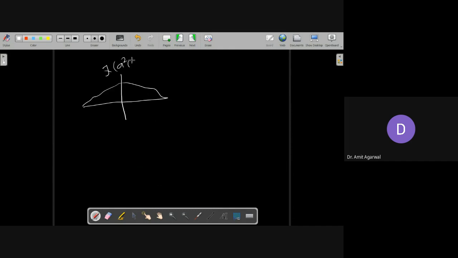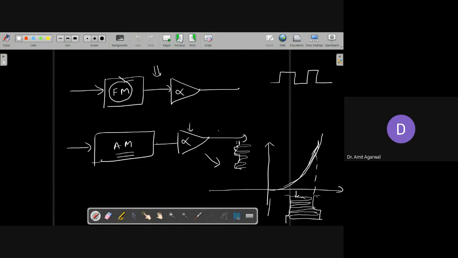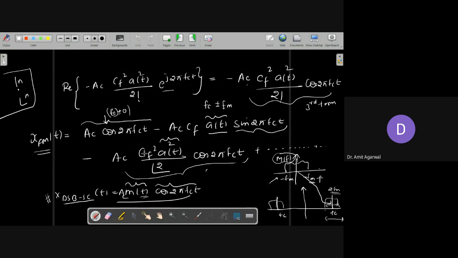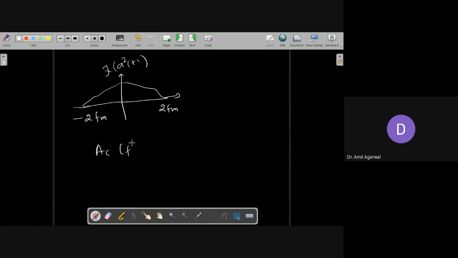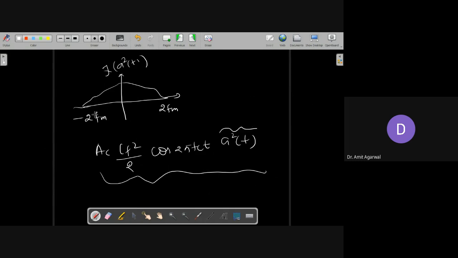The Fourier transform of A square t, we are not interested in the shape, but the maximum frequency component is like this. So what is the third term? The third term of the frequency modulated signal was this: Ac Cf square by 2 and cos of 2 pi Fct A square t. The frequency component of A square t is centered around 0 and the width is minus 2Fm to 2Fm.